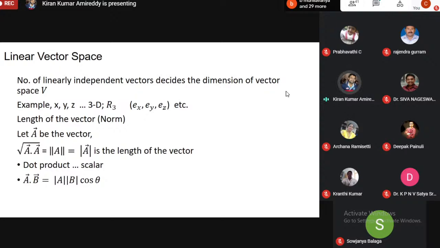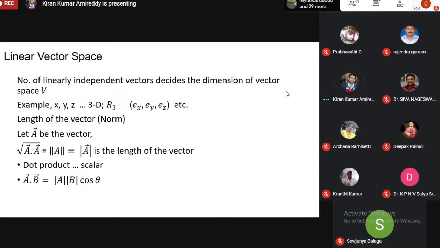When we want to express a vector in the domain, we need to follow certain basis principles.